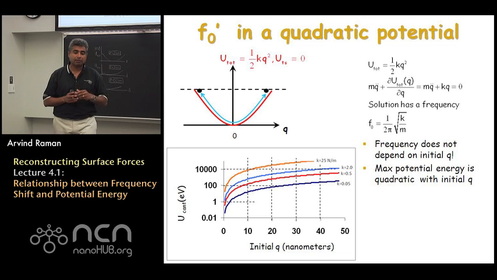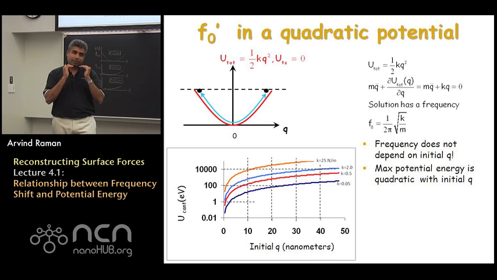The first is that the natural frequency of oscillation in this well depends on k, square root k over m. If you think about what k really means, k is of course the equivalent stiffness of the point mass oscillator, but in the context of the energy well, remember the shape of this well is 1/2 kq squared, so k can be thought of as being the curvature of the well.